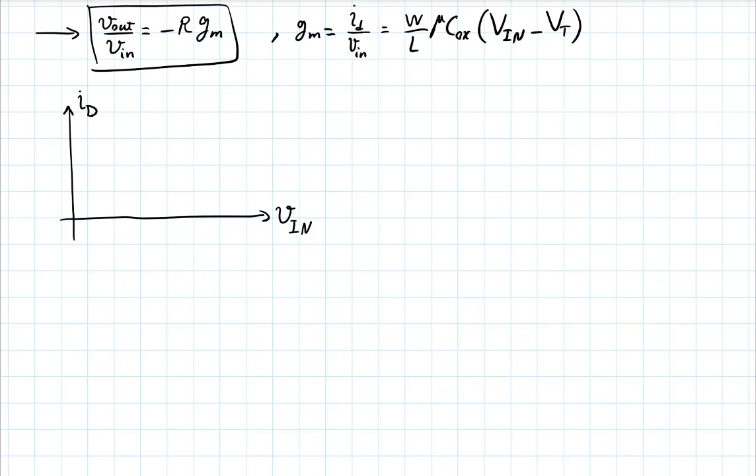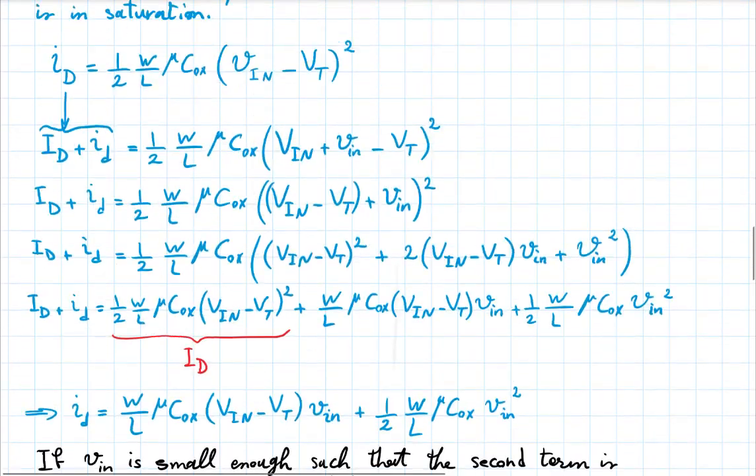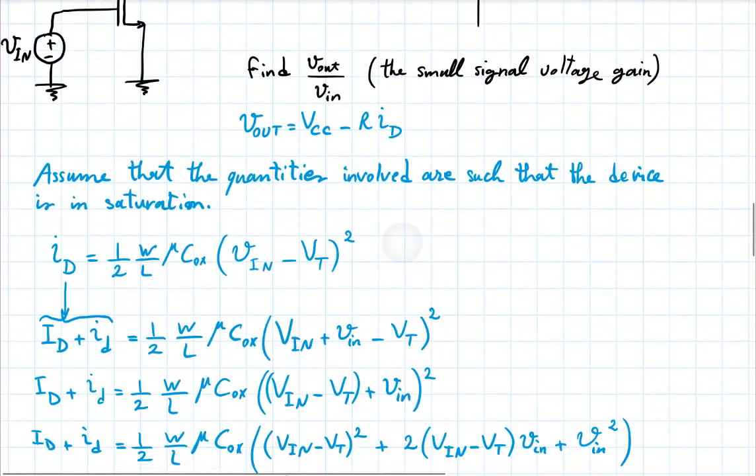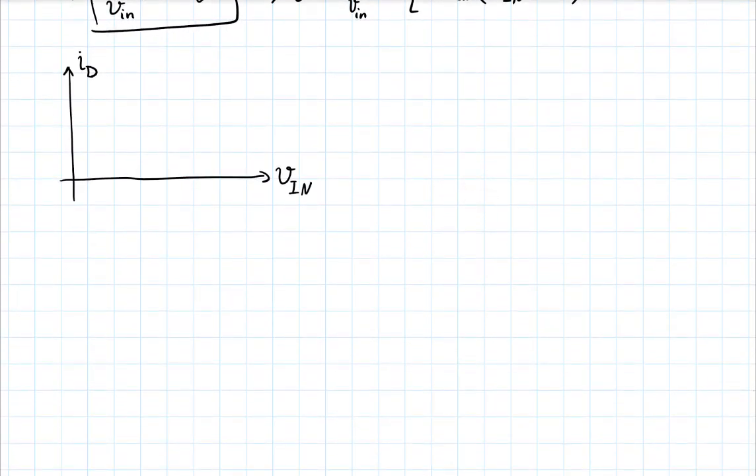As long as your device was in saturation, the formula was just that quadratic equation that we had up here, there in the middle. ID, a square function of Vn minus Vt, right? So if I were to plot that, I'd get something like this, right? A second order plot.